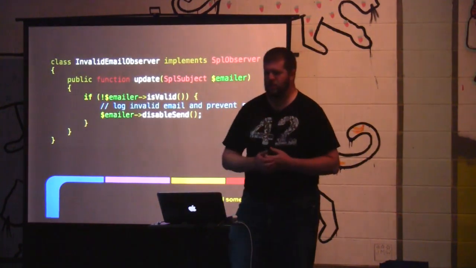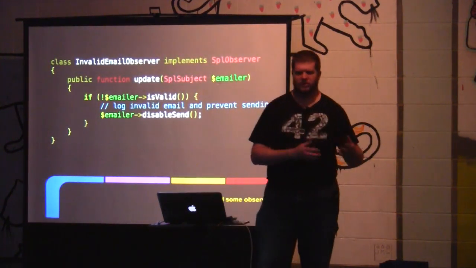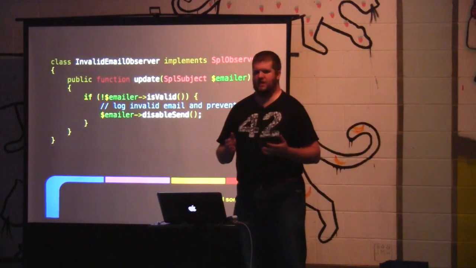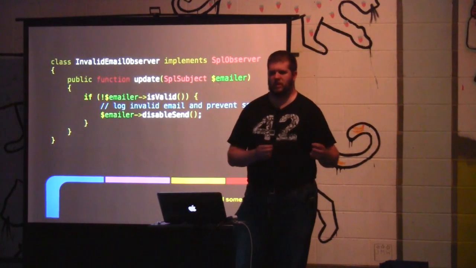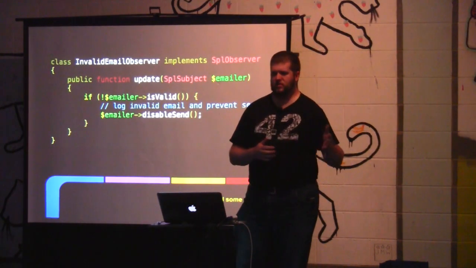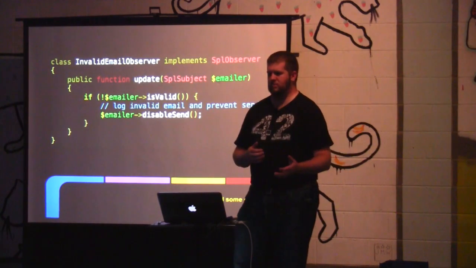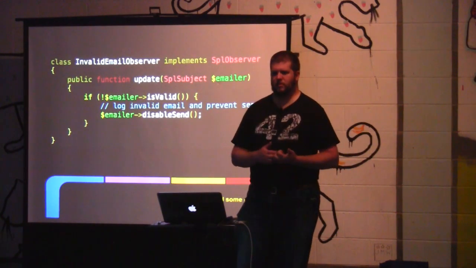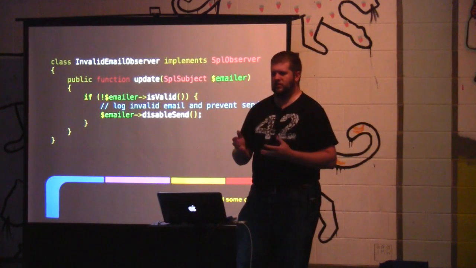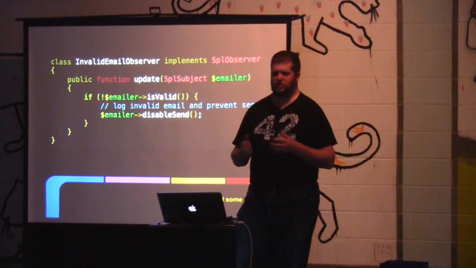So in this case, we check and we say, okay, was the email valid or was it not valid? Then don't send. We're going to tell the class, don't send to invalid emails. So we don't have to have any code inside that says, well, if it's this or that, then don't send or do send.